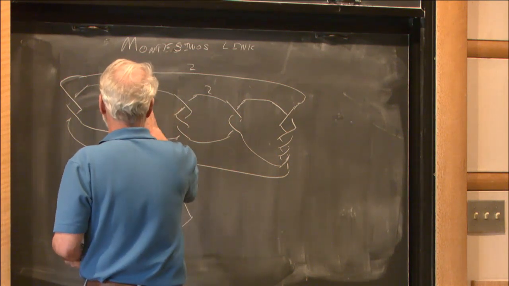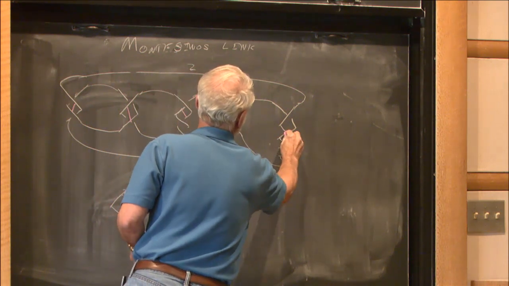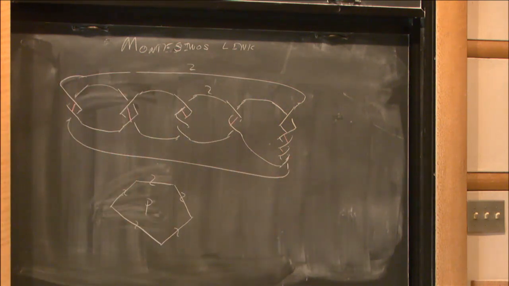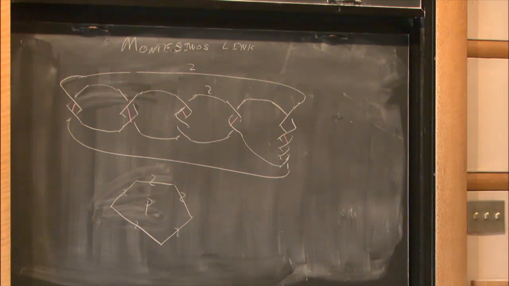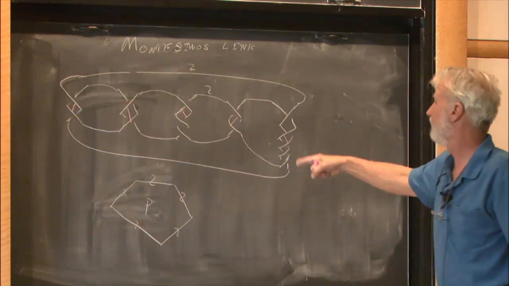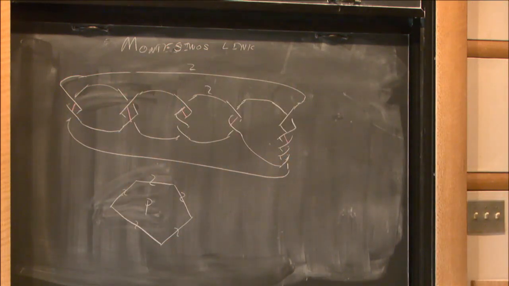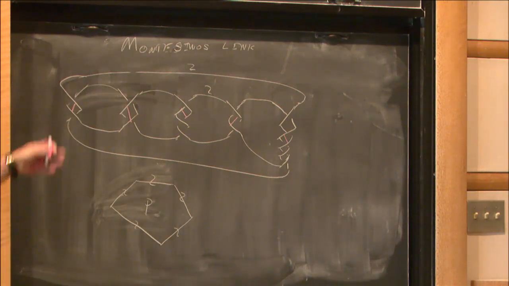Maybe red or something here. At each of these, you throw in something that goes like that. So here the singular locus is actually a graph. And in fact, in these cases, the complement of the singular locus is actually a handlebody. So instead of having a boundary equal to a torus, which we've had in the past, we actually have a somewhat more complicated boundary when you take a tubular neighborhood of the singular locus. Okay. So this is a good typical example to think about.